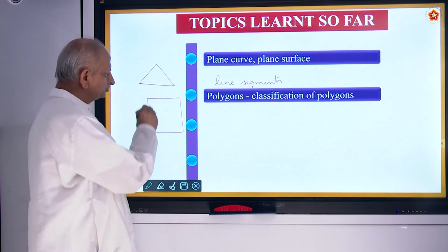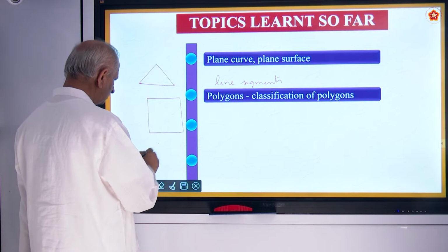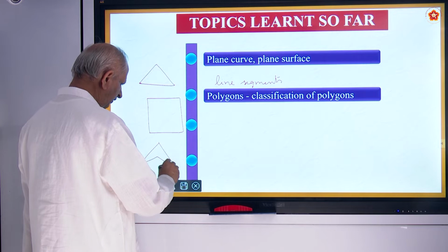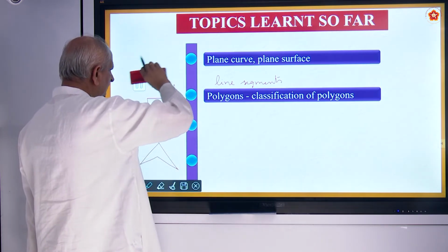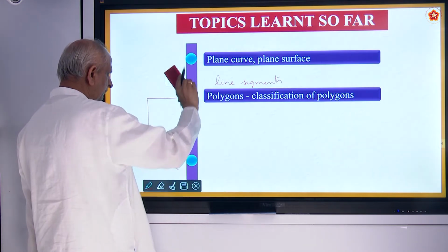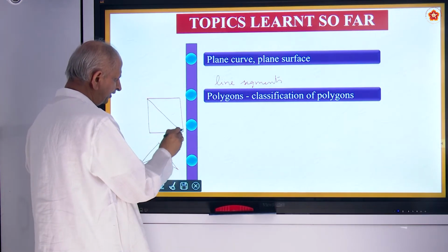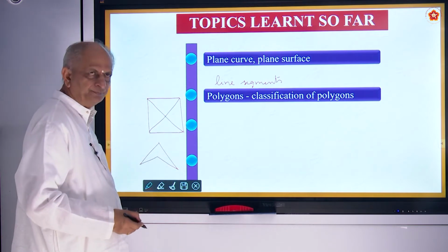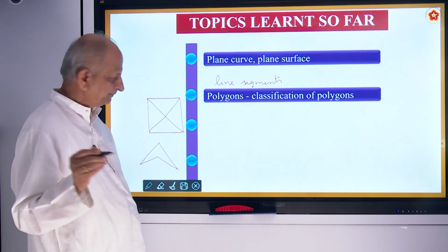And when you say polygon, there are 2 types. One is called convex polygon. Another is concave polygon. Convex polygon is one in which only diagonals will be inside the polygon. See here, the diagonals are inside the polygon. These are called diagonals. What is a diagonal? The line joining the opposite vertices.